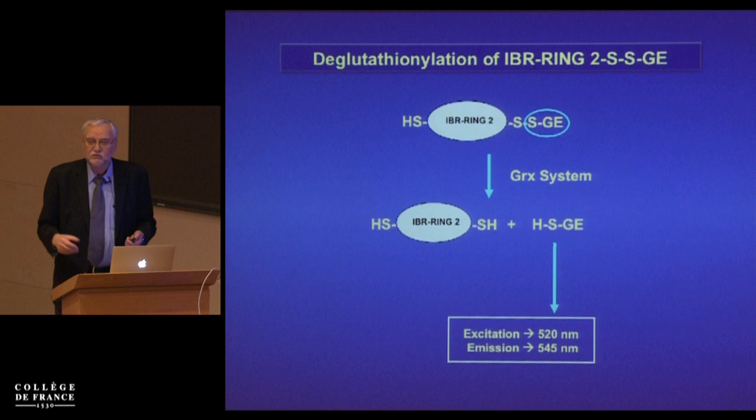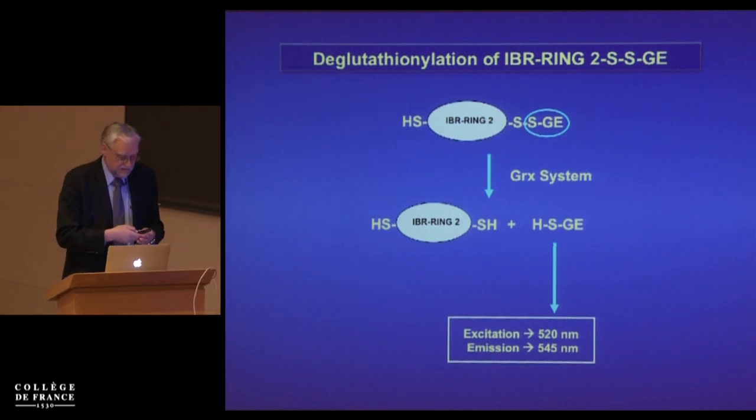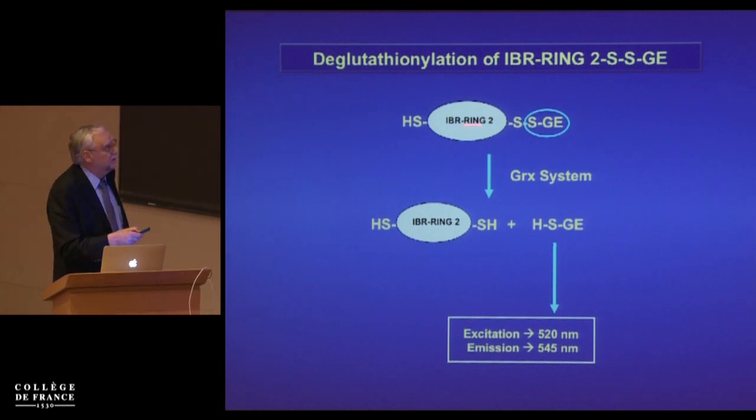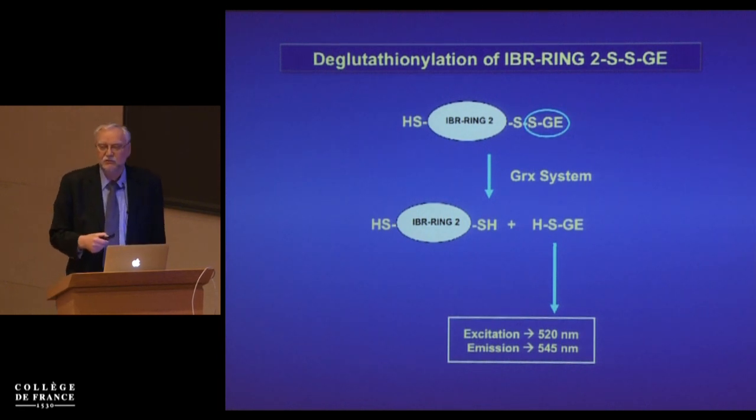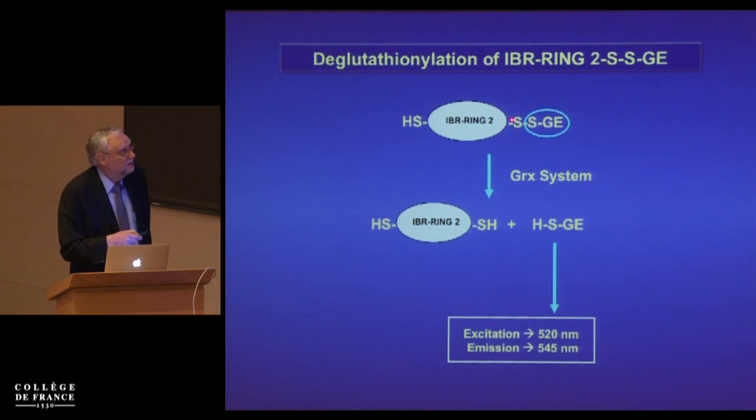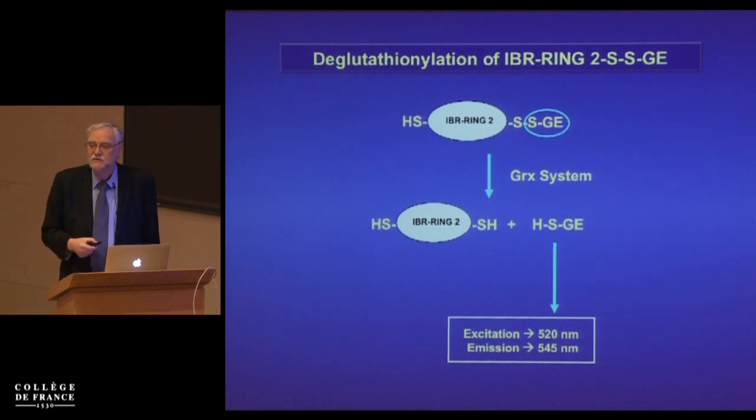But then we can also look at the deglutathiolation. So we can put this thing on, and then we put in the glutaredoxin system here, and we can then follow the release of this thing again, because this is also quenched. If we do this with albumin, which we have as a substrate in our assays of glutaredoxin with this method, the disulfide here between a protein and this molecule is also quenched.